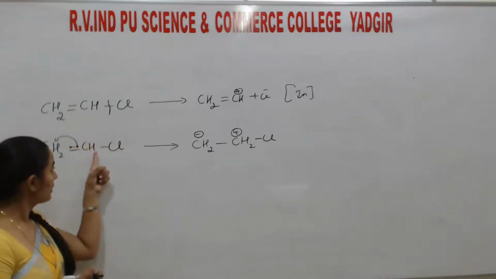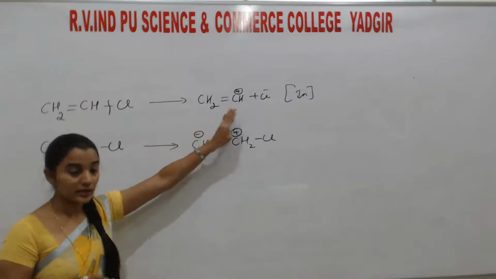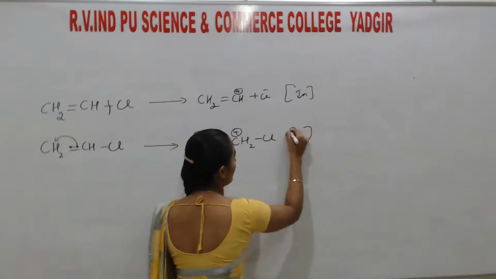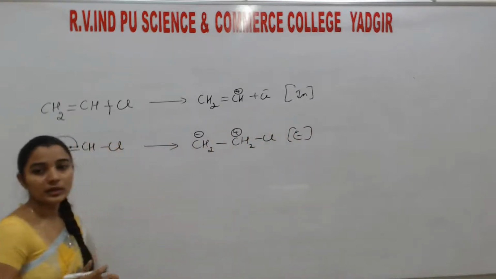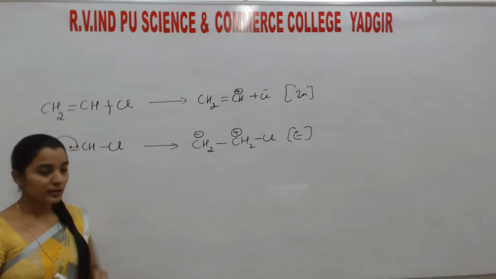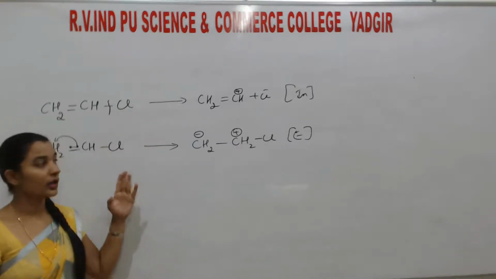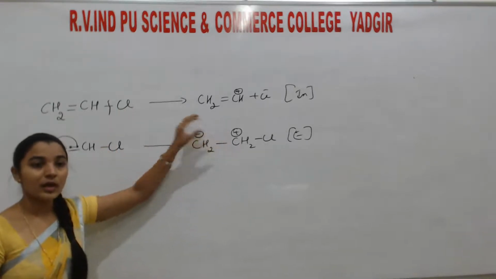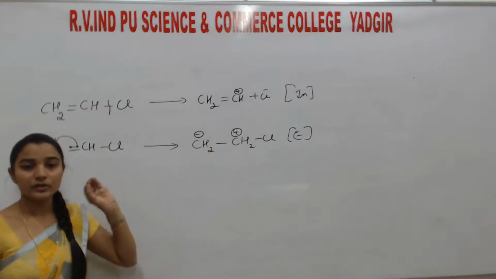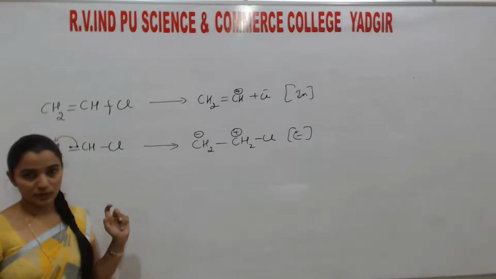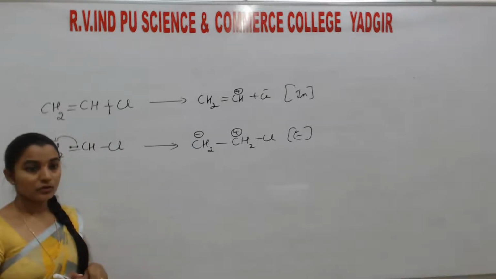So this effect takes place very easily. That's why the electromeric effect always predominates over the inductive effect. In the same molecule, if both inductive and electromeric are there, the electromeric effect predominates over the inductive effect. Understand?